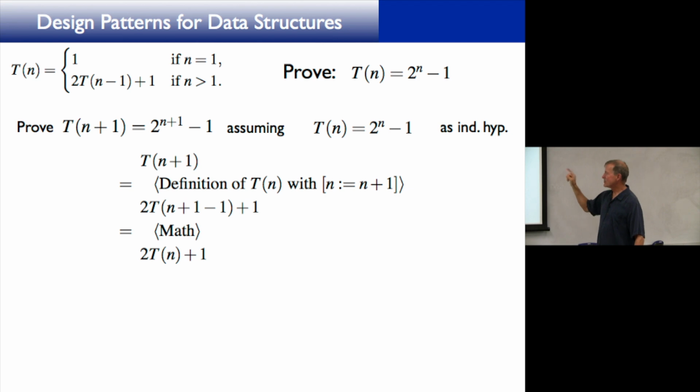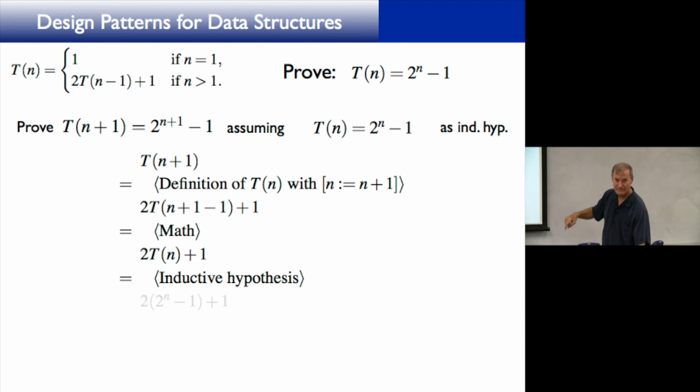Okay. So now we invoke the inductive hypothesis, right? So what does the inductive hypothesis say? It says T of n equals what? 2 to the n minus 1. So this is 2 times 2 to the n minus 1. These are all good questions. And now, what is 2? 2 is the same thing as 2 to the what?